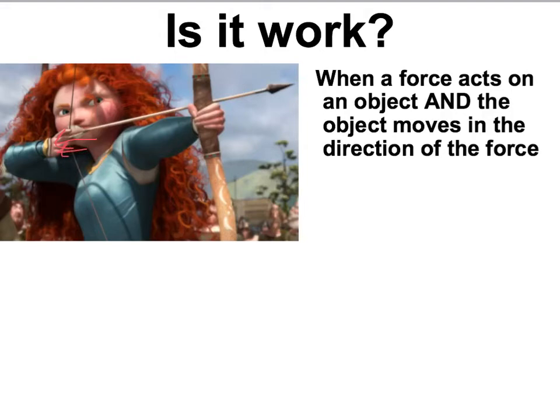So Merida is doing work to the string, and then once she lets it go, the string is going to do work on the arrow. This would fall into the category of working against a force in the case of pulling the string back, and then changing the speed of an object, which is the arrow, when the bowstring does work on the arrow.